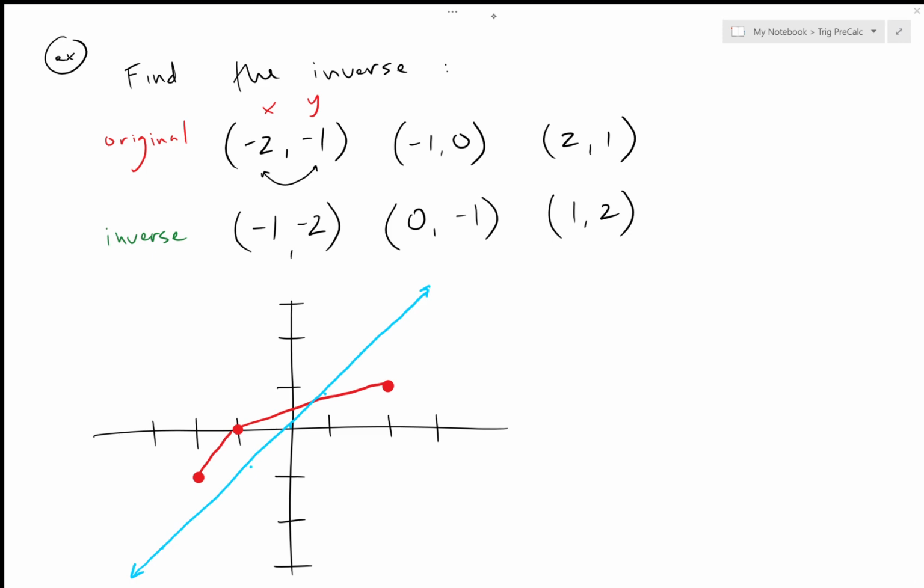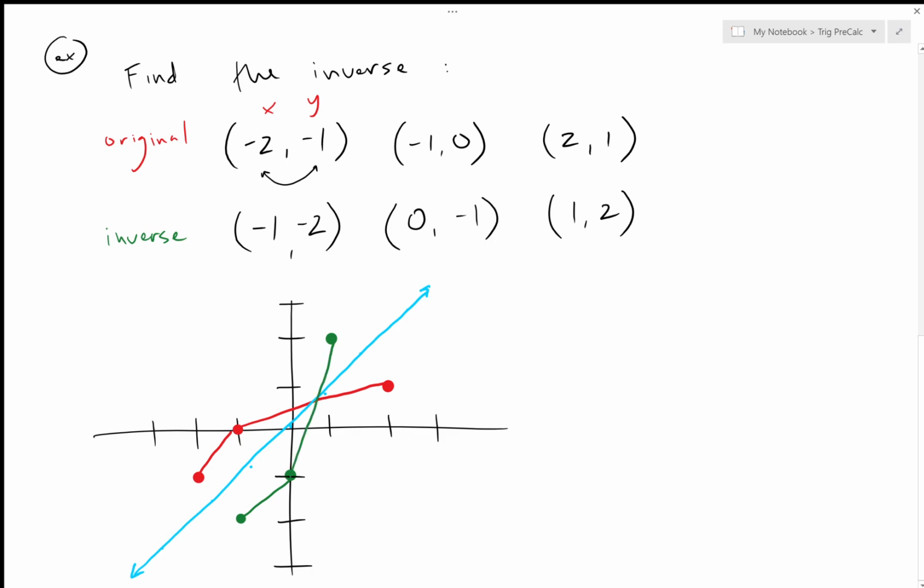Let's find out. The inverse points, we're going to do in green. We've got -1, down 2, 0, -1, and then 1, up 2. And connecting all these points together, boom, boom.